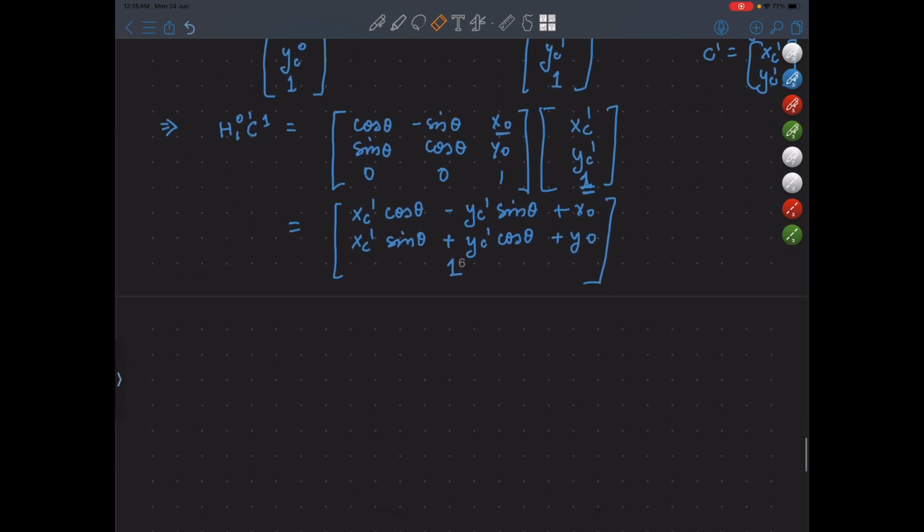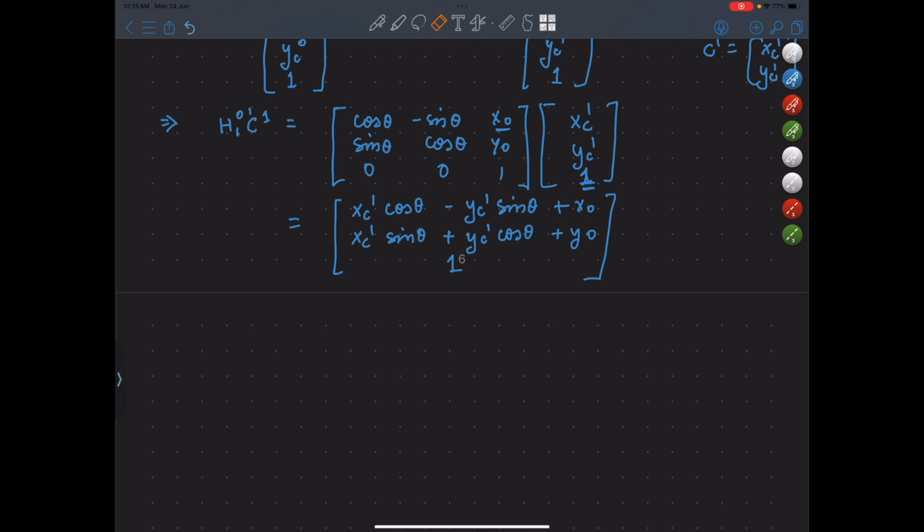Now if you see, this whole thing can be written as R10 C1, right? And this part can be written as O10, and at the bottom 1, which is the same as C1 C naught prime, right?